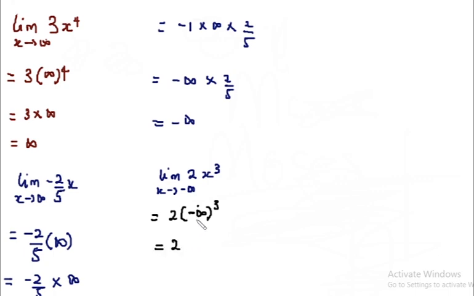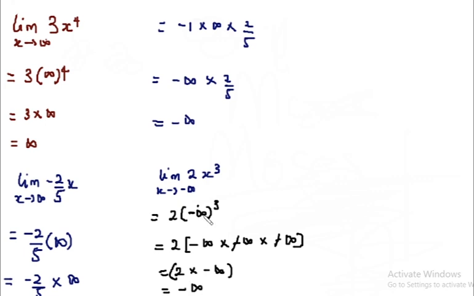Now negative infinity cubed, you can simply write as negative infinity times negative infinity times negative infinity. Now minus can cancel out minus, but we'll still have another minus. So we have negative infinity times infinity times infinity. This is essentially 2 times negative infinity, and 2 times negative infinity is still equal to negative infinity.